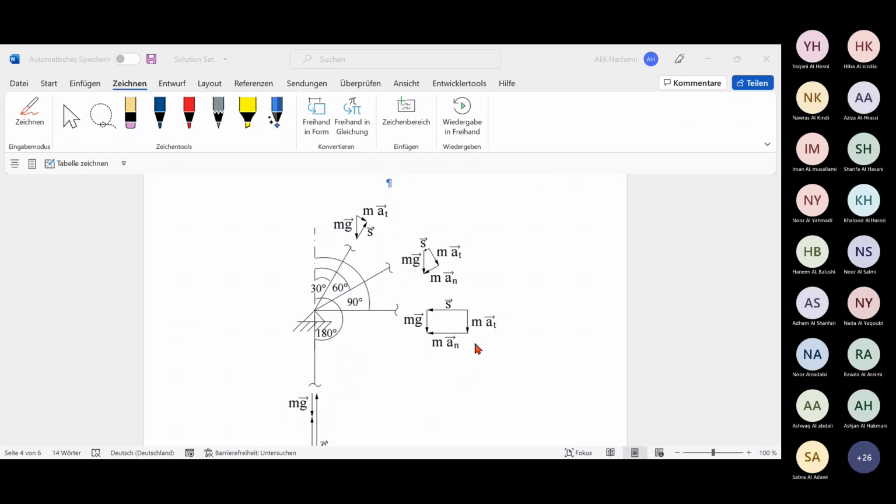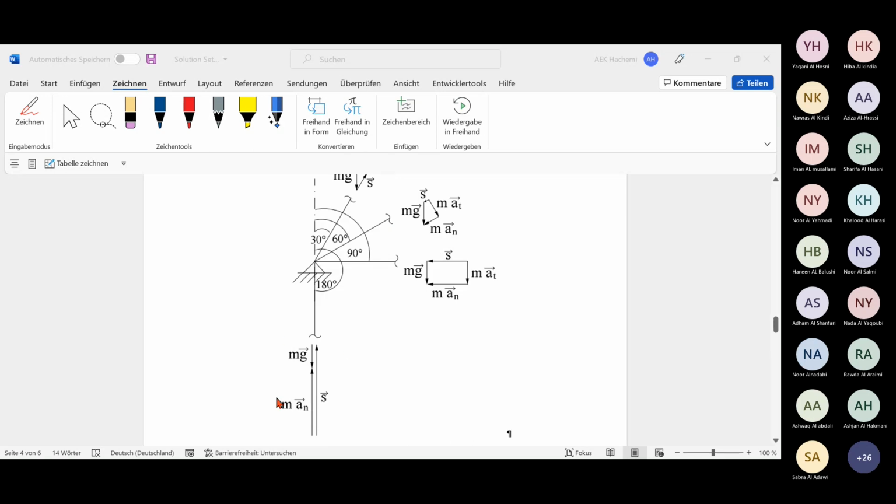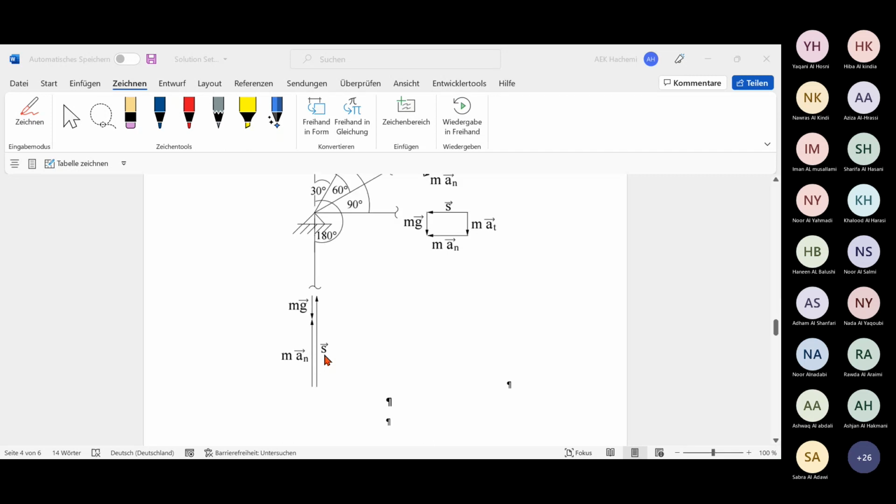There is a tangential one, a normal one, and the weight. This case corresponds to the second case, that means S2 at phi equal to pi, at 180 degree. In this case, there is the normal force and there is only the rod force, the normal inertia force, and the weight. The tangential one is zero.